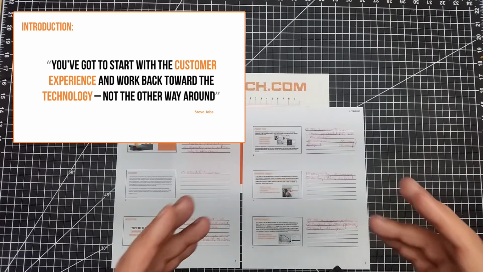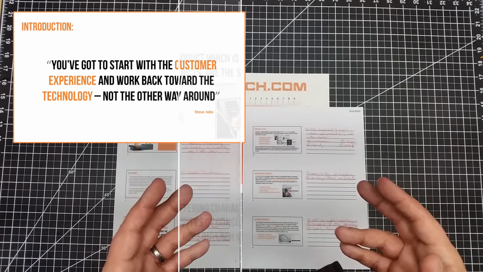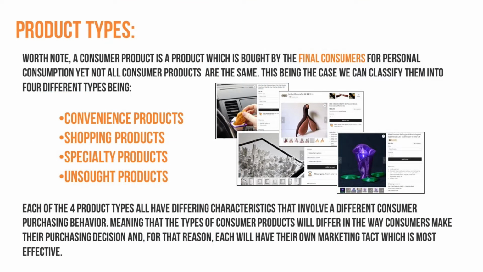So with that being said, let's talk about the 4 classifications of products, if you will. Before we get there, though, I do want to cover one piece. We're talking about consumer products here, and this is what most of you folks are going to be working in, selling a product to an end consumer, right? Basically that means somebody who's going to enjoy or utilize the product in the end is going to be the one purchasing it from you.